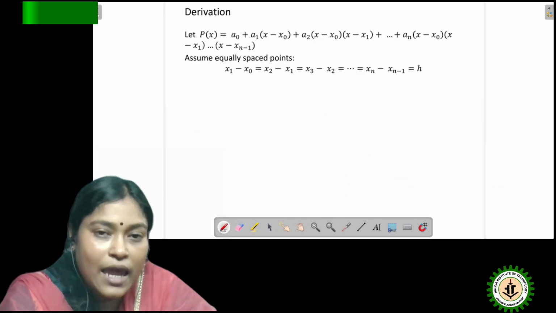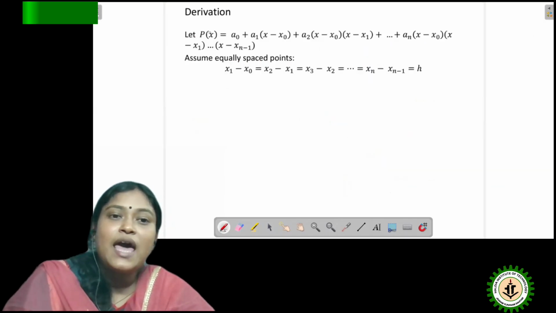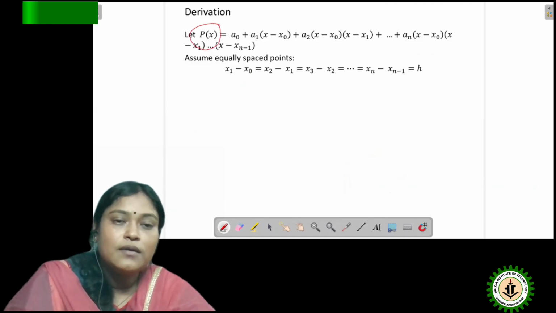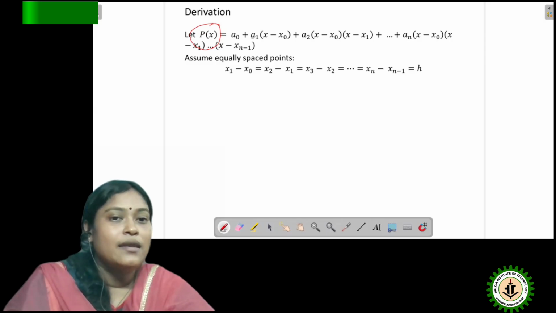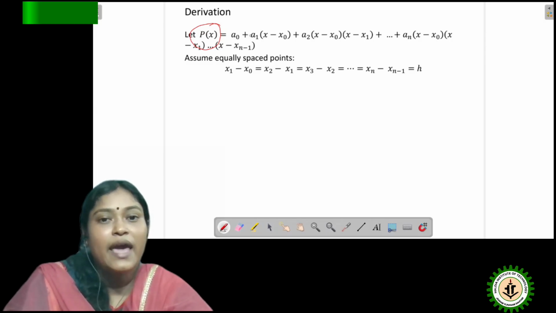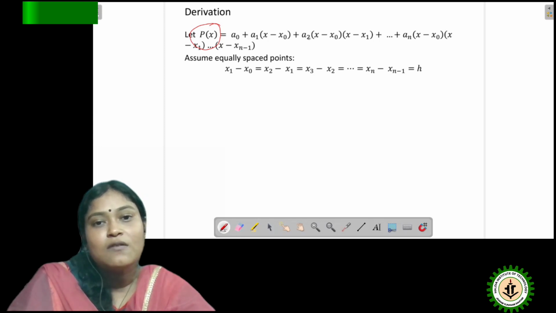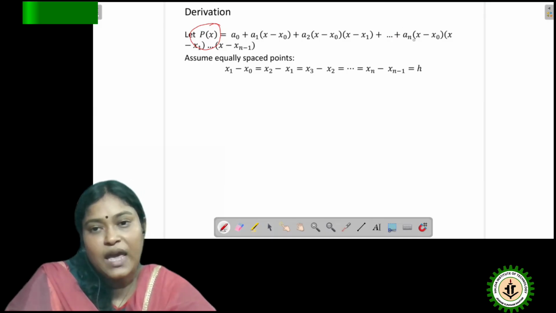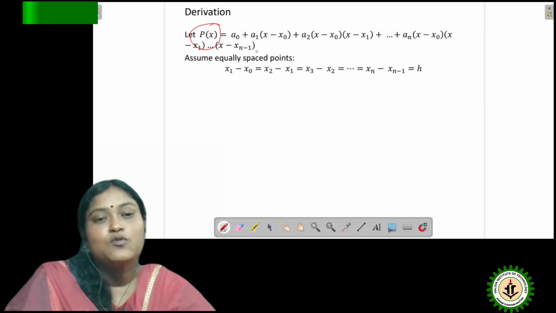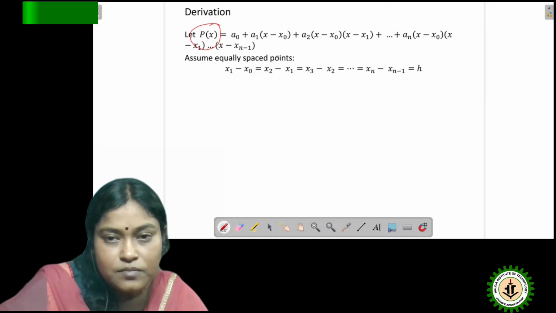From these n plus 1 data sets, we can assume that p of x will be a polynomial of at most degree n. So here we are assuming that the polynomial is a naught plus a1 into x minus x naught, plus a2 into x minus x naught into x minus x1, plus dot dot dot up to an into x minus x naught into x minus x1 up to x minus xn minus 1.